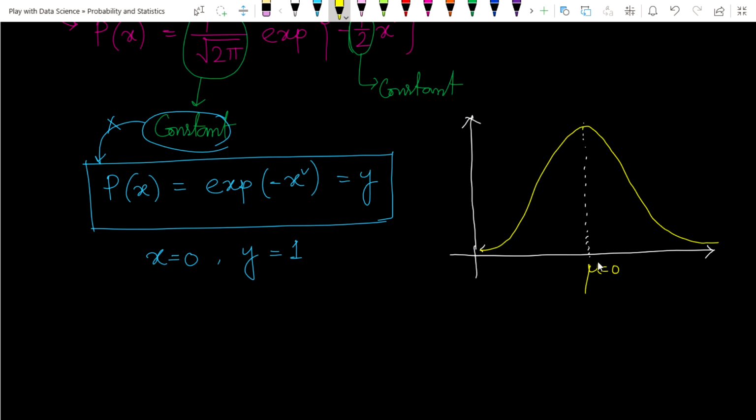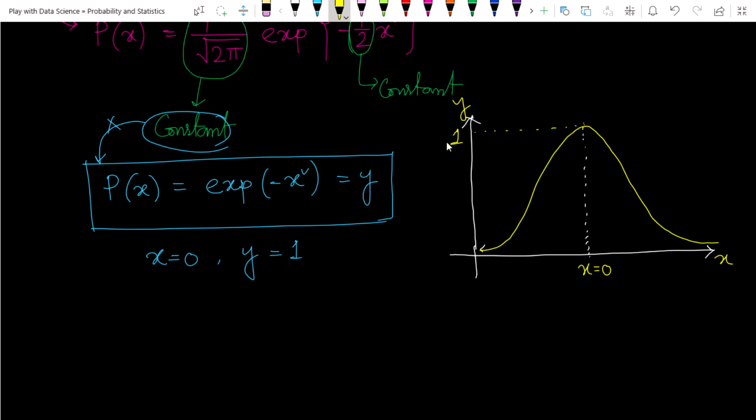This is x equals 0, and in this range we get y equals 1. This is the y axis, this is the x axis. If x equals 0, then y equals 1.